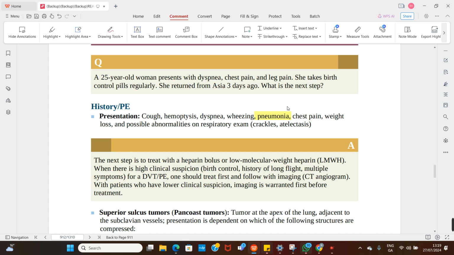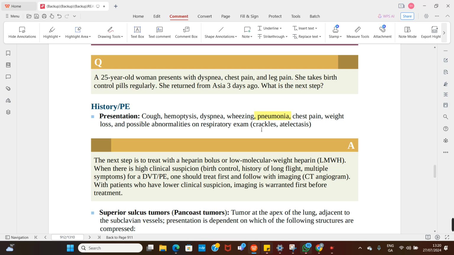Lung cancer with recurrent pneumonia, which subtype? The bronchial carcinoid, because of obstruction of the airway. Mass effect. Think about that.